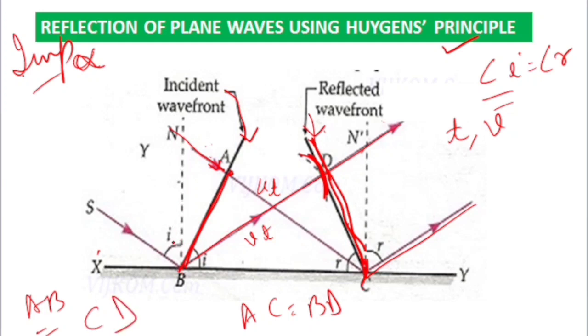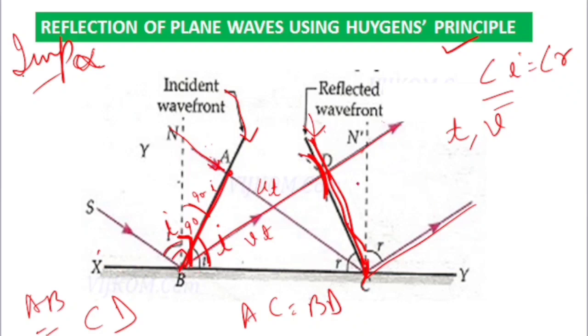This normal and incident ray make the angle of incidence i. Now this ray and wavefront are perpendicular, 90 degrees. It means this angle is 90 minus i. Again this is 90 degrees, so this angle is i. So the angle between this incident wavefront and this reflecting surface XY is i.